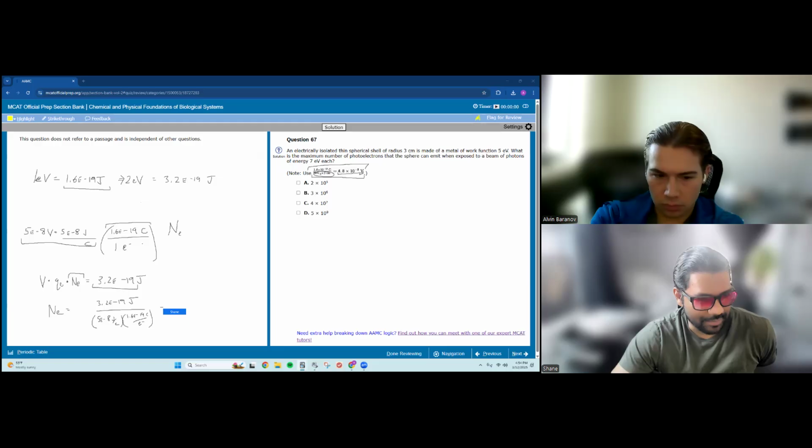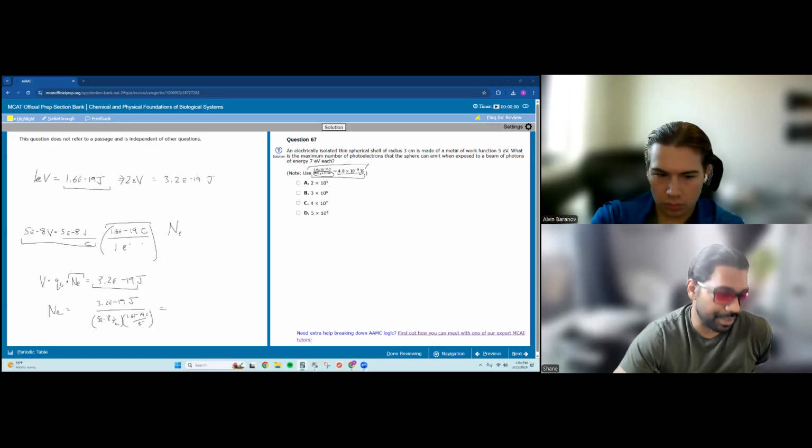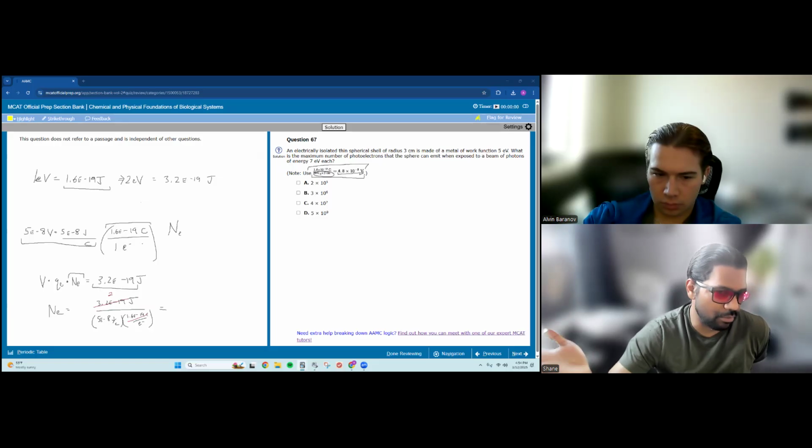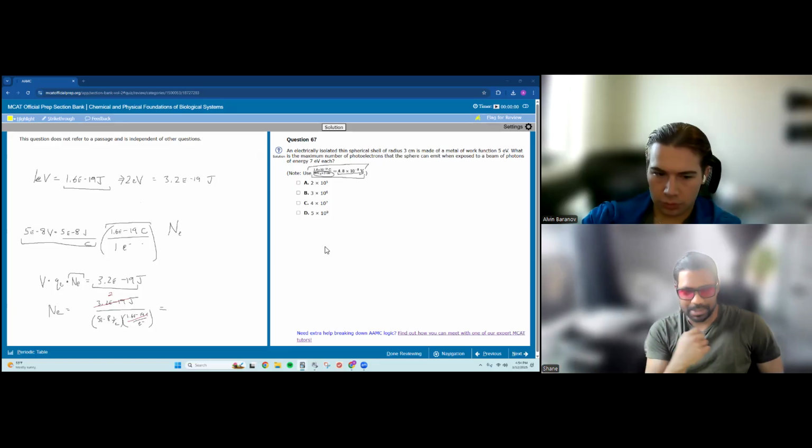Then the joules cancel, the coulombs cancel, and we end up getting the answer in number of electrons. That's pretty much it. The math here is kind of simple. This goes into this twice, so it's just 2 over 5, which is 0.4, times 10 to the 8th power, which when you rearrange turns into 4 times 10 to the 7th.